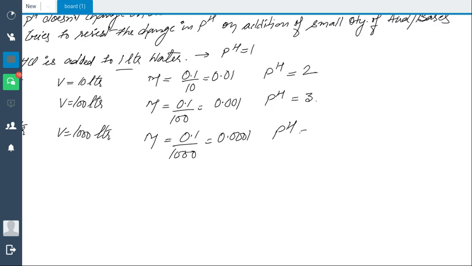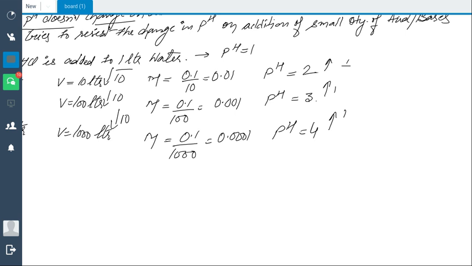So pH becomes 4. So as you can see, when we are diluting it to 10 times, the pH is increasing by 1. Further dilution to 10 times, pH increases by 1. Further dilution to 10 times, pH increases by 1. Right, but here we are saying that in buffer the pH does not change. So how come it does not change?